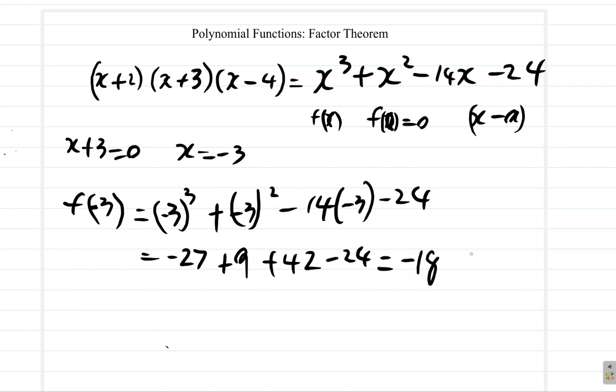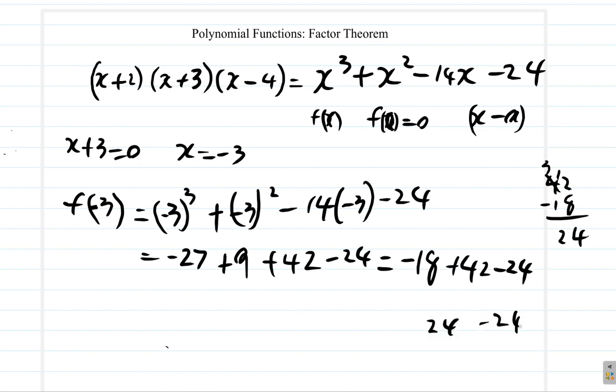Negative 18 plus 42 minus 24. This would be like 42 minus 18 minus 24. 42 minus 18 is 24. So that's 24 minus 24 equals 0. You see that?